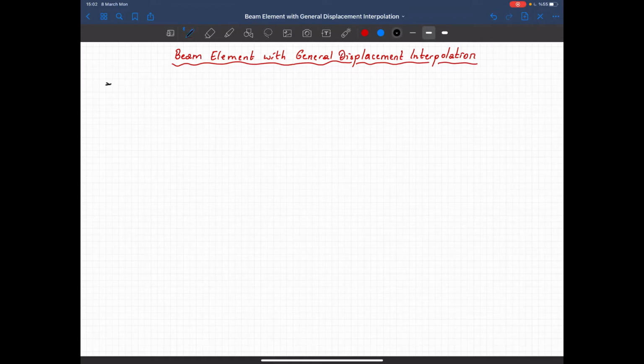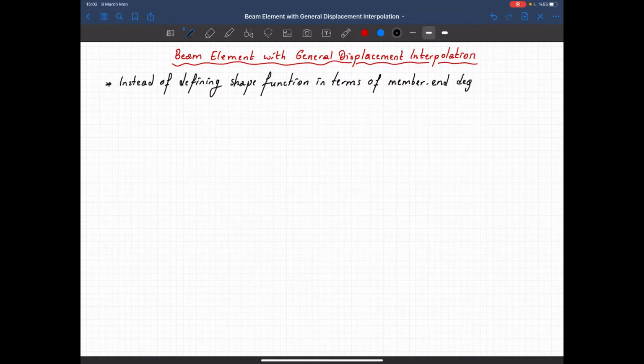So what we are doing here is as follows. Instead of defining shape or trial functions, let's write shape functions in terms of membrane, sorry, membrane degrees of freedom.